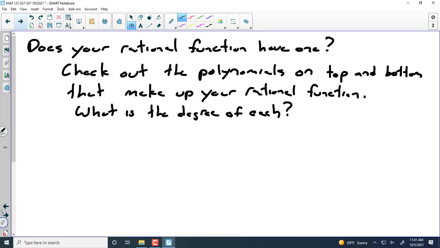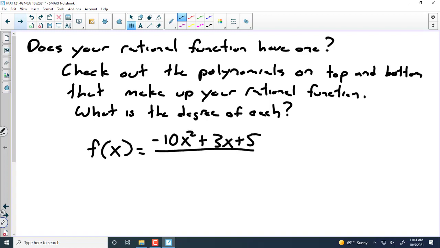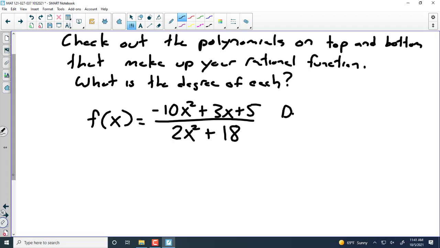The way you decide if your rational function has a horizontal asymptote is you look at the polynomial on top and the polynomial on the bottom. If they truly are polynomials, then each one of them has a degree. So just look at the polynomial on top. What's its degree? 2. Highest power is 2. What about the one on the bottom? What's its degree? 2.